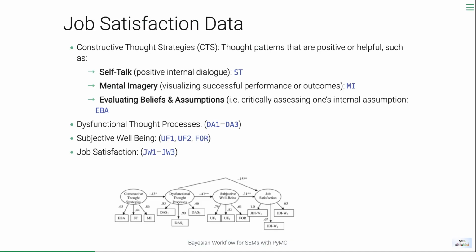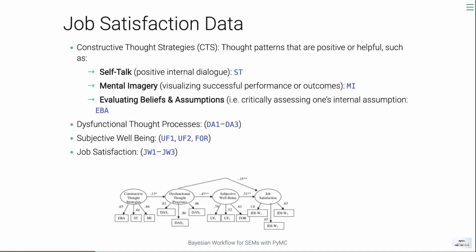They're also scored on indicators for dysfunctional thought processes, their subjective well-being, and their job satisfaction. What's at the heart of this analysis is we're trying to figure out what the effect is of constructive thought processes, like evaluating beliefs and assumptions and your tendency to visualize things, on your ultimate job satisfaction.